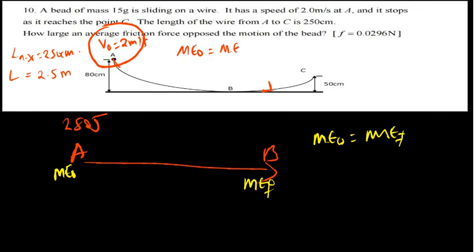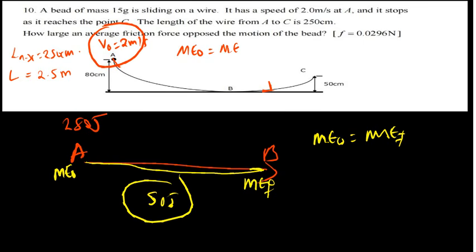Friction. So now, if there is friction, say the object is moving from point A all the way to point B, and the work done by the friction is 50 joules, what will be the final mechanical energy at point B? 200.